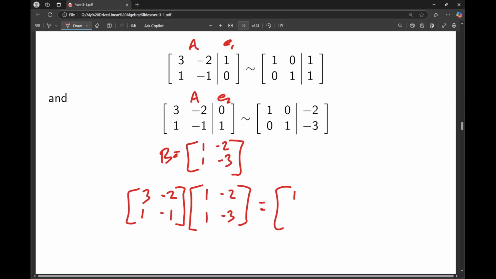This row times that column, I get a -6 and a +6. They add up to 0. This row times this column, I get 1 minus 1 is 0. And then this row times this column, I get -2, and then a -1 times a -3 is +3. So -2 plus 3 is 1.